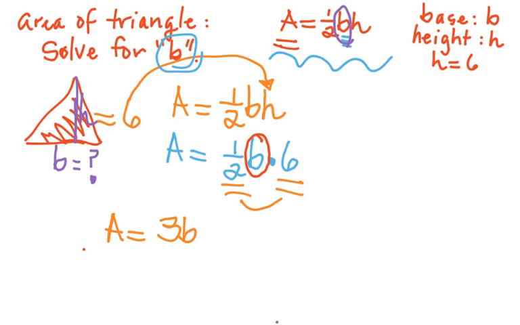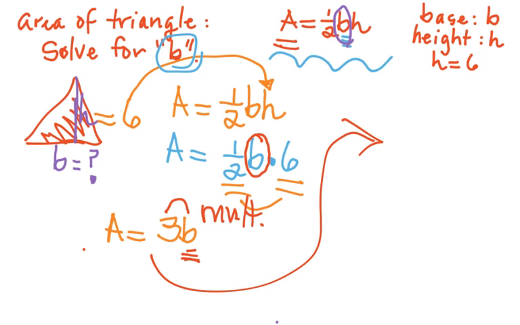So now, again, remember, I need to get B all by itself. So remember, when I have a letter and a number next to each other, it means I am multiplying. And as I told you, how do you undo multiplication? You undo multiplication by dividing. So that means I'm going to divide both sides by 3. So look what I do. I'm going to go area is equal to 3B.